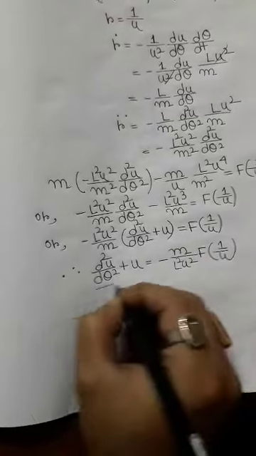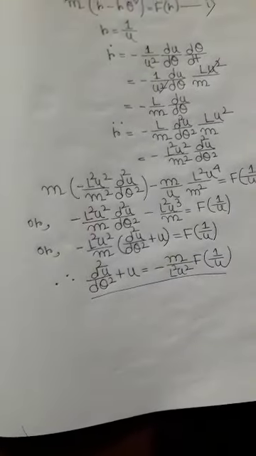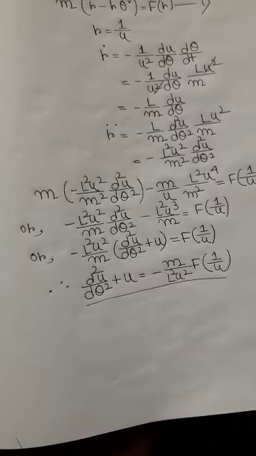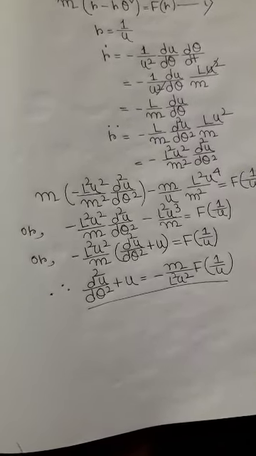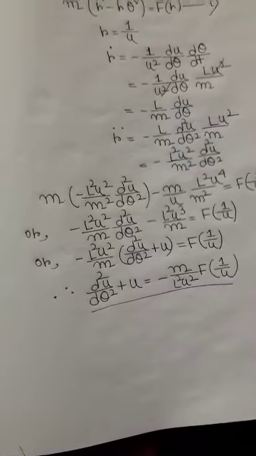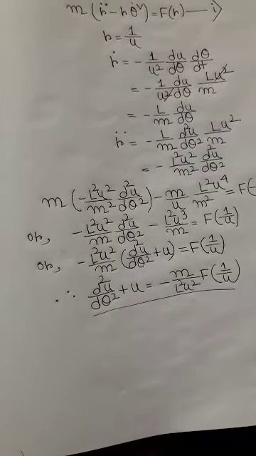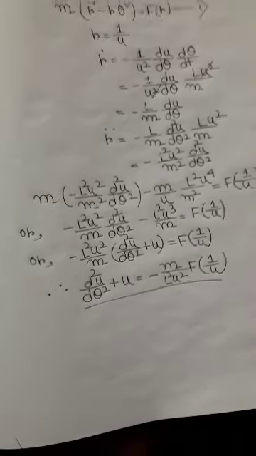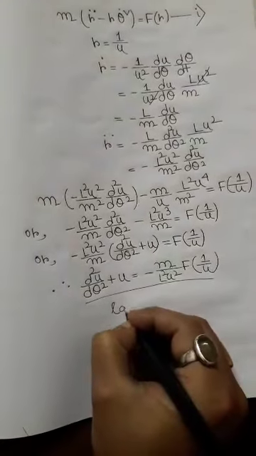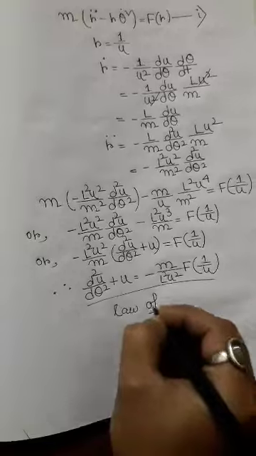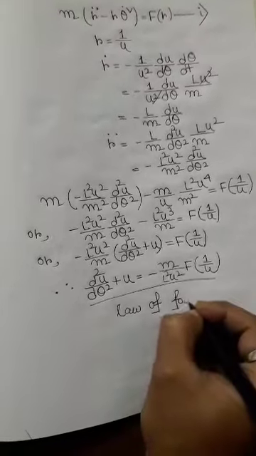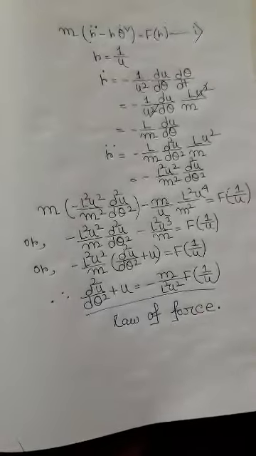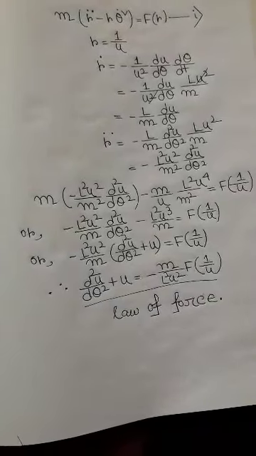So this is the differential equation of the orbit. And this is a very important equation. By using this equation we can easily find the law of force which is given in the problem. So this is the differential equation of the orbit.